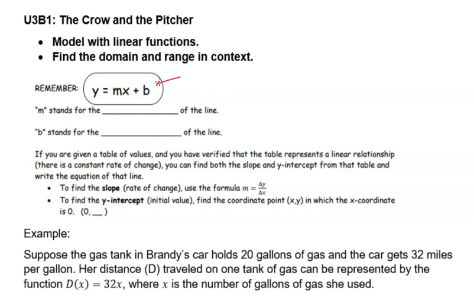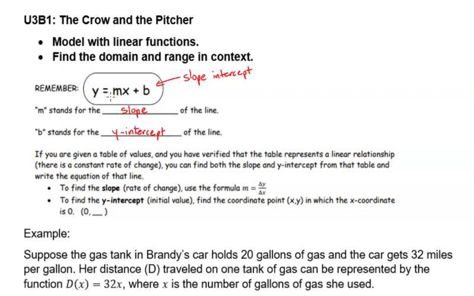So this y equals mx plus b is our slope-intercept form of a linear equation, where the m in y equals mx plus b stands for the slope of the line, and the b stands for the y-intercept of the line.